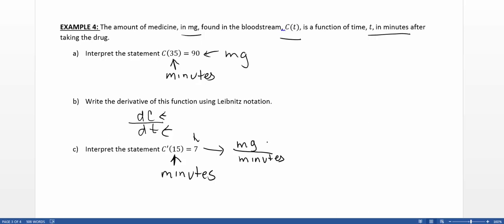So what that also tells me is that if I were to go from 15 minutes to 16 minutes, I would expect the amount of medicine in my bloodstream to increase by 7 milligrams. So again, a 1 unit increase in the independent variable has a 7 unit increase in the dependent variable according to this derivative.